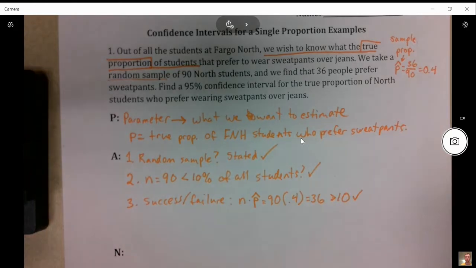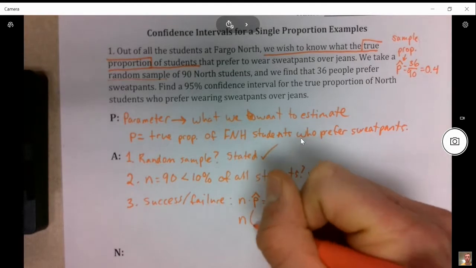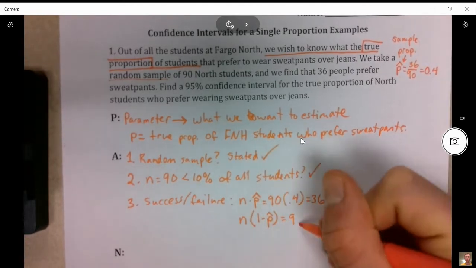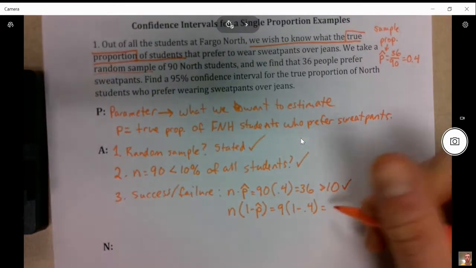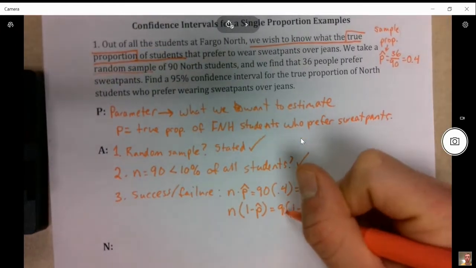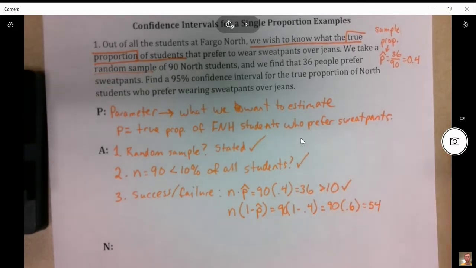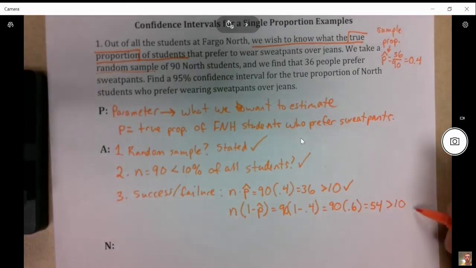Okay. And the final piece of the success failure condition is if we take n times 1 minus p hat, that is 90 times 1 minus 0.4, which is, of course, 90 times 0.6, which is 54, and that is definitely greater than 10. Okay?